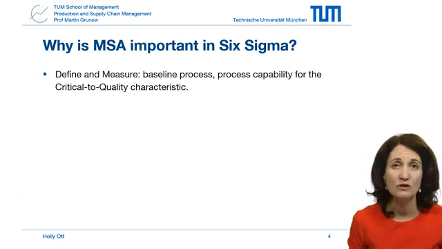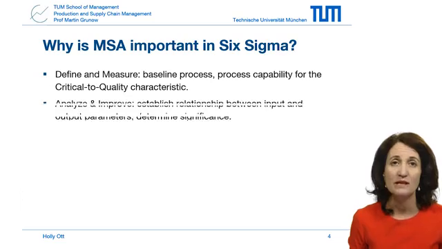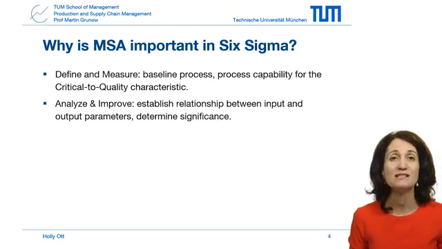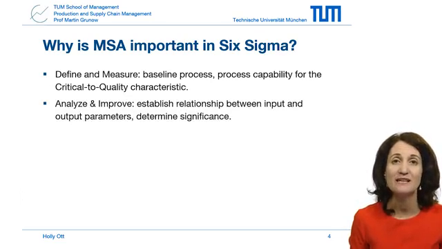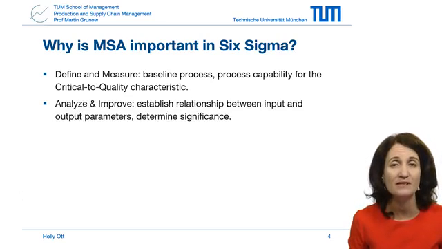In measure, we look at influencing parameters and decide which data to collect and how, including defining our sampling plan. In analyze, measurements are needed to see if significant relationships exist between two or more parameters, and how process parameters influence the output parameters. We then continue this in improve to see what we can change in our process to improve the results.